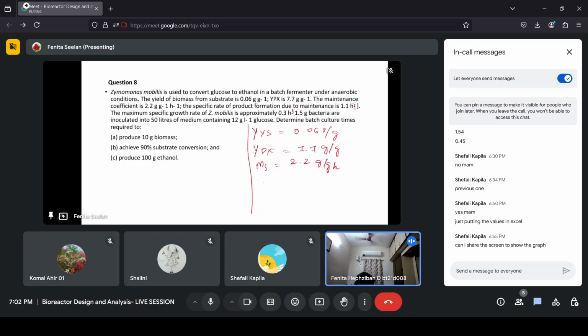Next is the specific rate of product formation due to maintenance, MP, which is 1.1 per hour. And the next is the maximum specific growth rate, mu max, which is around 0.3 per hour. And they are telling that 1.5 gram, no, it is not 1.5, sorry, 5 grams. My mistake, it is 5 grams.